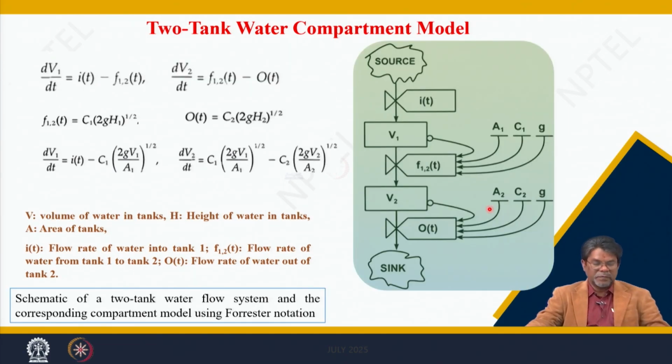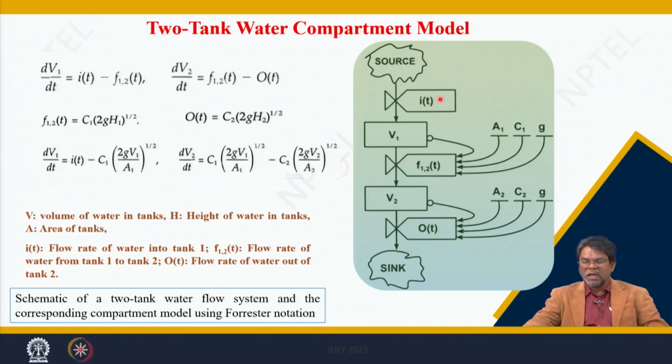Now, you see here this is the source, represented by these symbols as we have discussed earlier, and this is the rate variable, the flow rate, inflow into tank 1, IT. That is represented by these rate variables, the inflow to tank 1, in liters per hour, maybe cubic meters per hour.